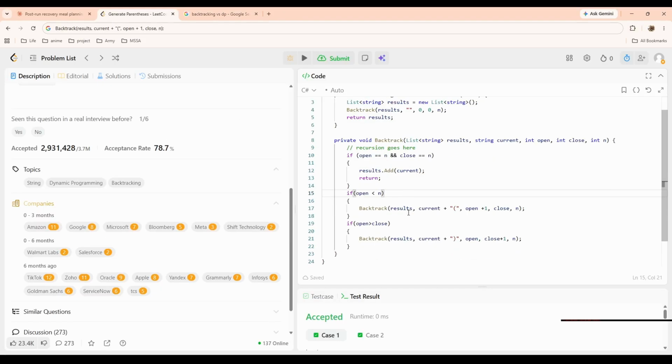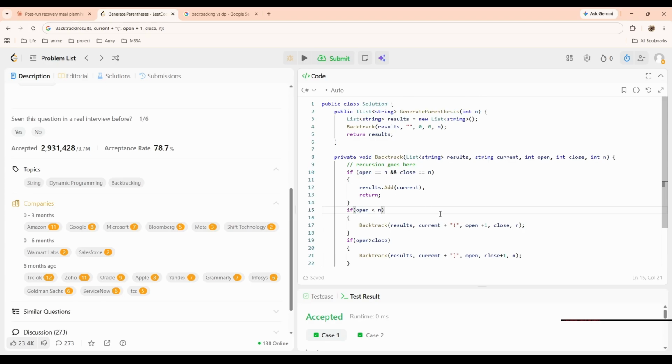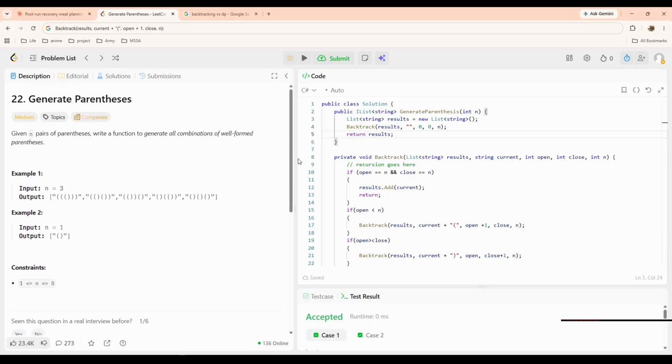I got to the solution with the help of AI, but I'm going to try to go over the steps that I followed to get here. One of the first things I wanted to do was make a list called results, because we needed to return results, which would have all of our combinations in them. And then I was guided that we need to come up with a helper method, as they like to call it, called backtrack.